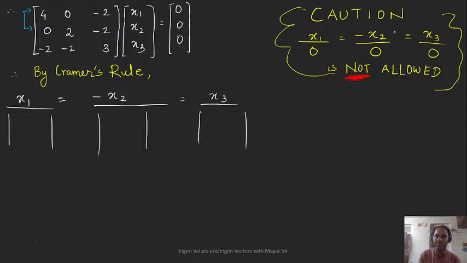This is a big thing. It's a danger. Okay, please remember this. It is not allowed. If this comes, you are in danger, so you have to change it. So the caution is that you must not get 0 0 like this. One of the two can be 0, two of them can be 0, all three cannot be 0.